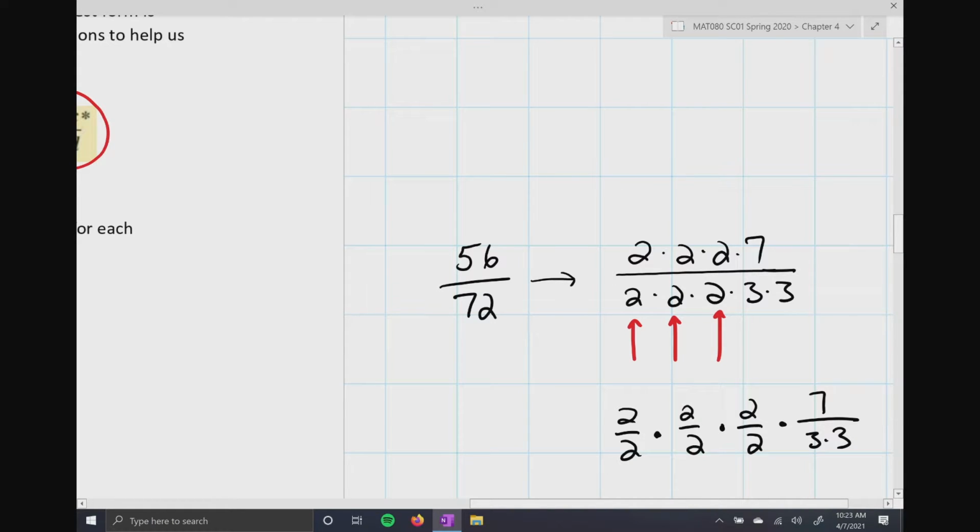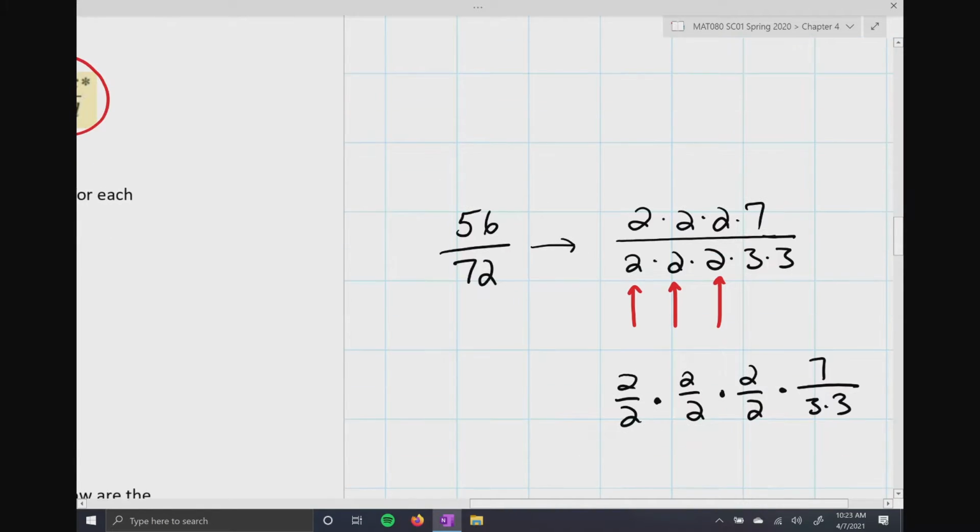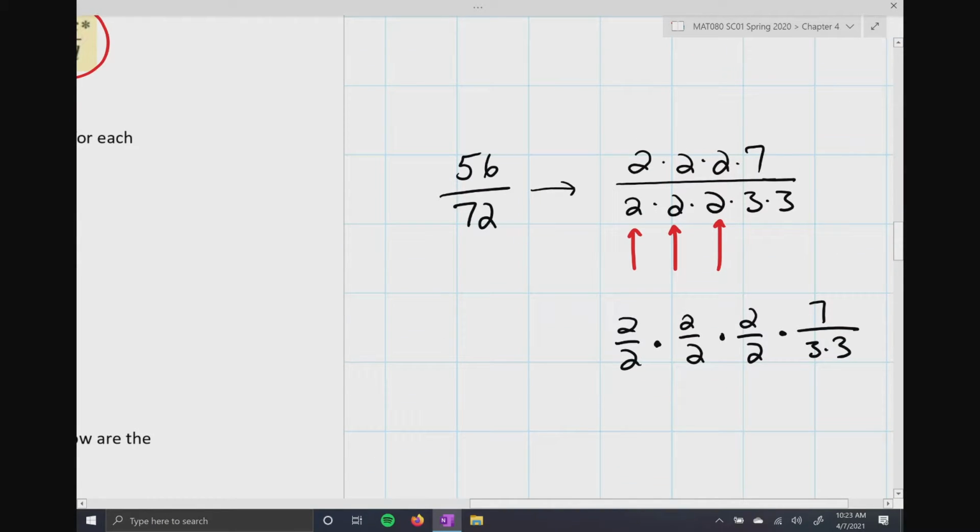Notice all I did was, if the numbers were the same on the top and the bottom, I just grouped it together and separated it from everything else. Now, at the end of the day, we know 2 over 2 equals what number? You could tell me, or you could just show me with your hand. 2 over 2 equals 1.